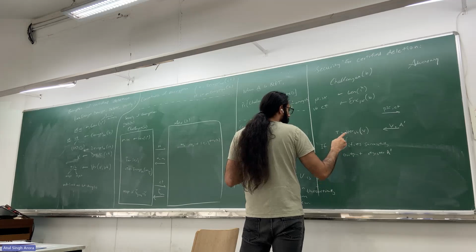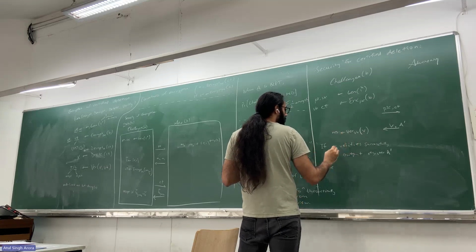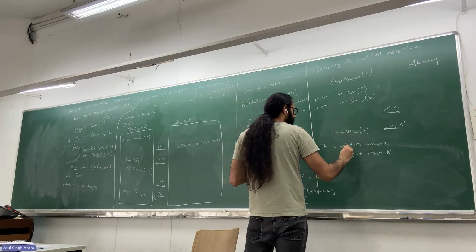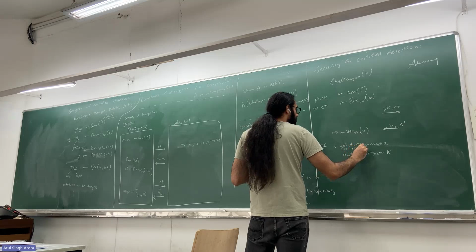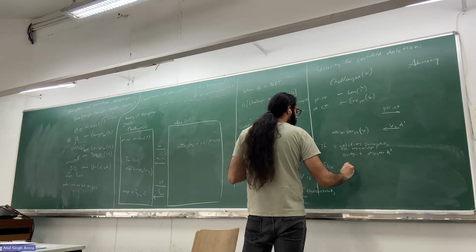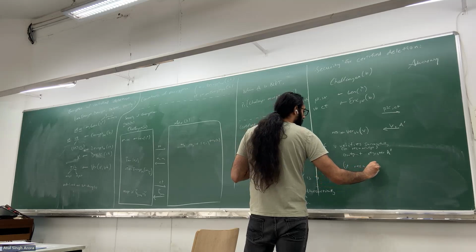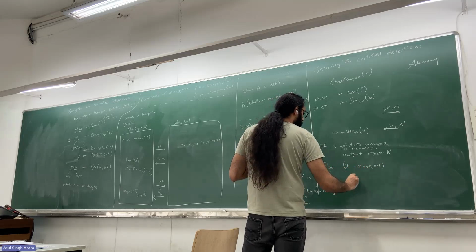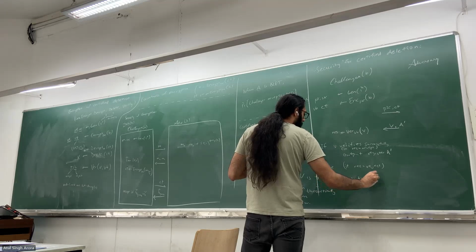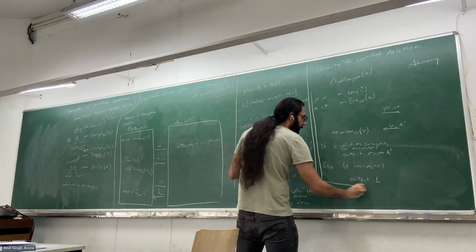So let's say this was the result: if res is accept, we output A prime, and else if res is reject, the output is bot. So that's the success game.